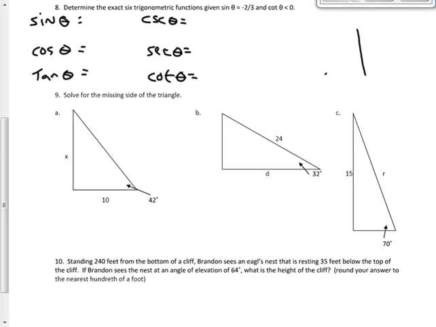So the y value being negative is going to look like this, or it's going to look like this. It's one of those two. Both of them have a hypotenuse of 3, and they both have an opposite side of negative 2. And so in terms of what I'm looking at here, here's my reference angle, or here's my reference angle. One of those two things is true.